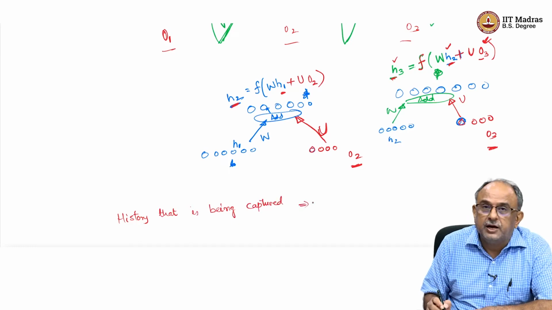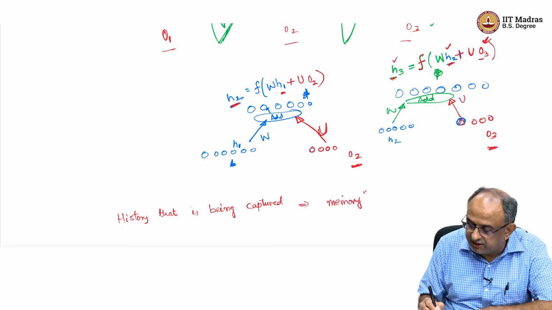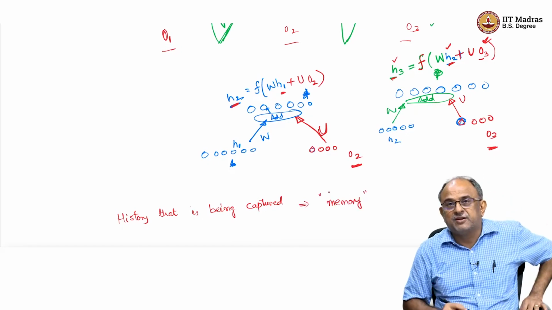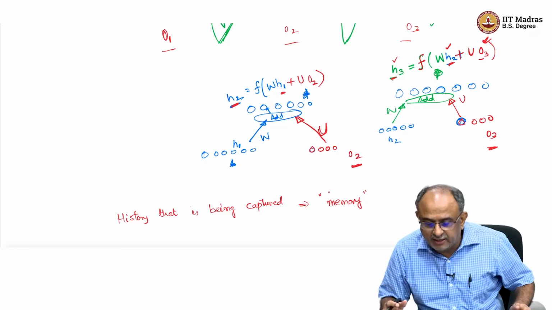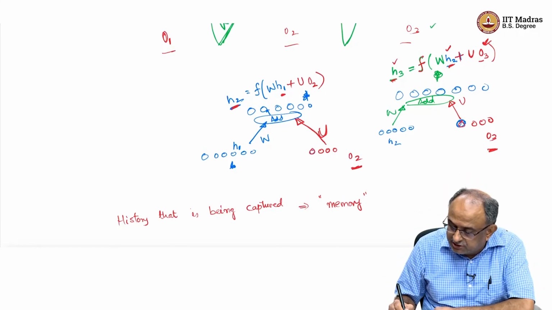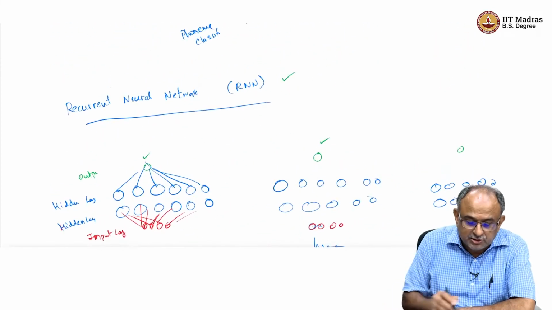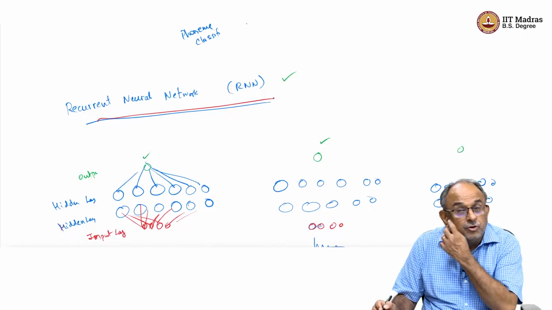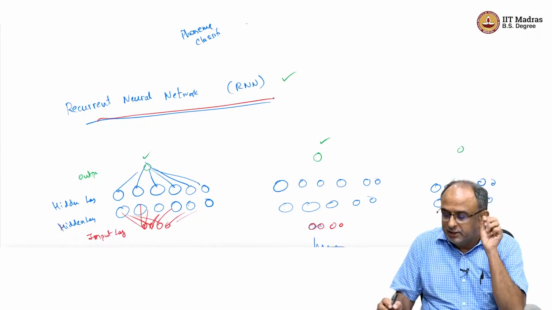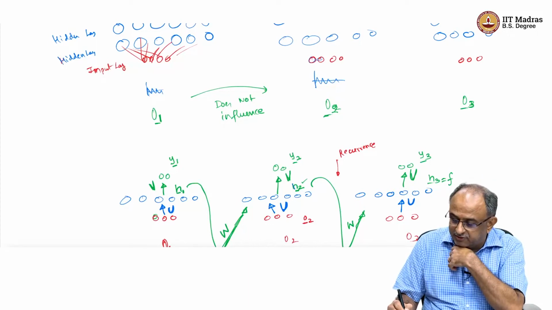This is essentially like it has memory now, okay. It has memory of what all happened previously in its analysis, and so this is a good thing, right. So, now this is the basic idea of a recurrent neural network, okay. In a recurrent neural network, the previous guys are going to influence the new guys, okay.